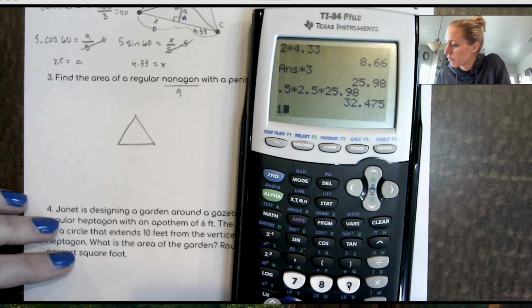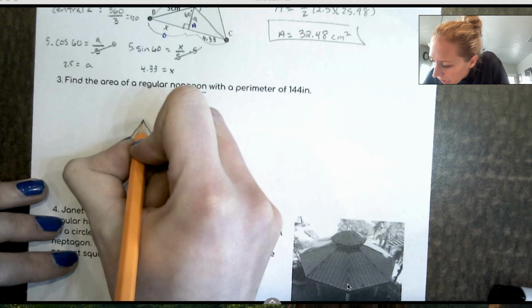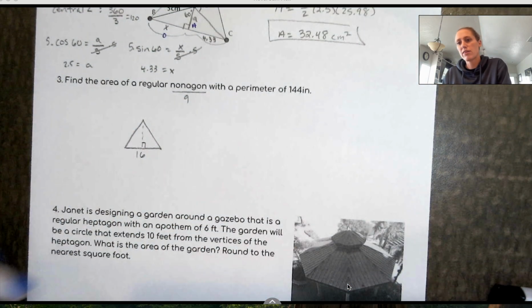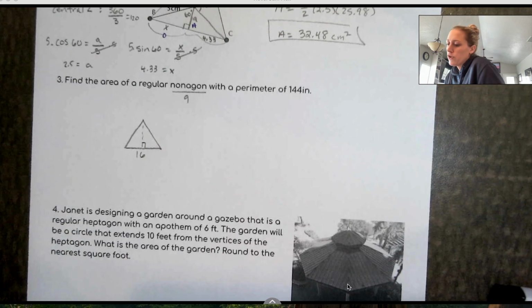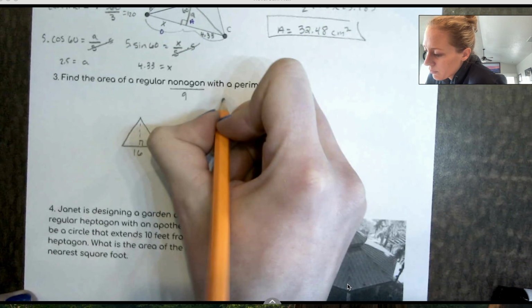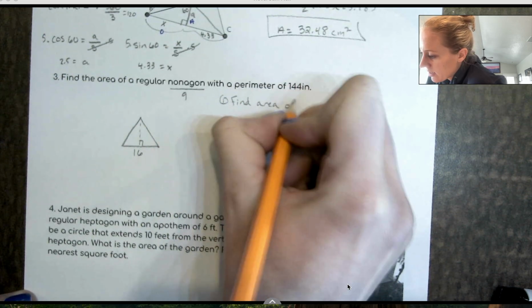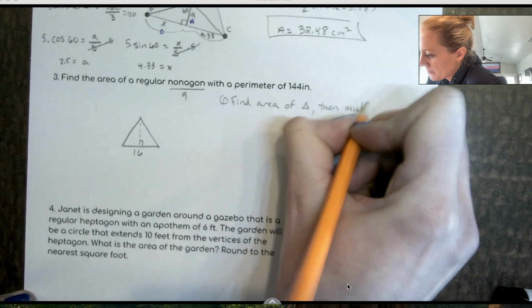So if we do 144 divided by 9, that gives me the length of one of the sides is 16. If I find the area of one of these triangles and then multiply by 9, that's going to give me the area of the whole nonagon. So we are going to find the area of a triangle, then multiply by 9.